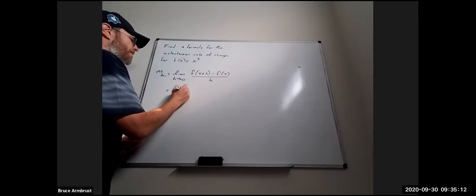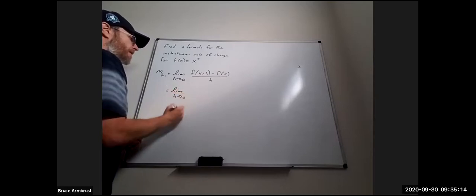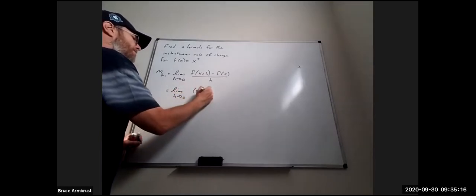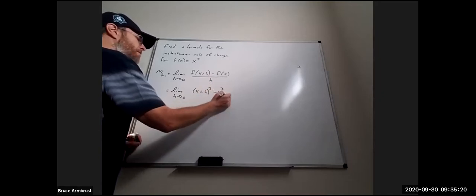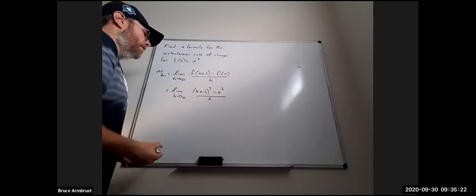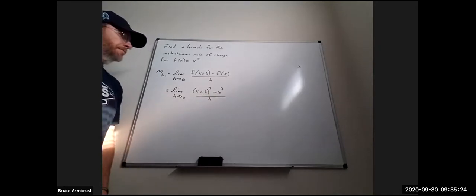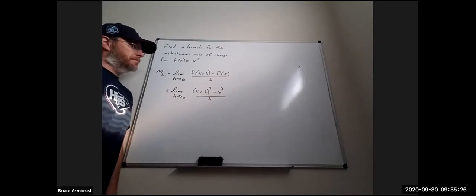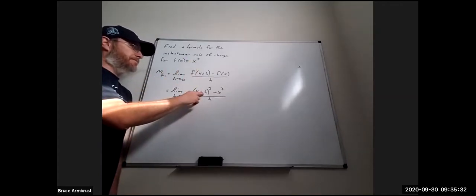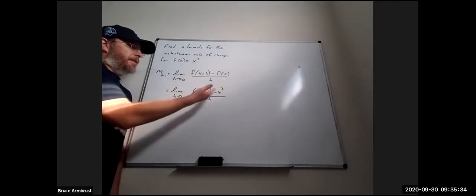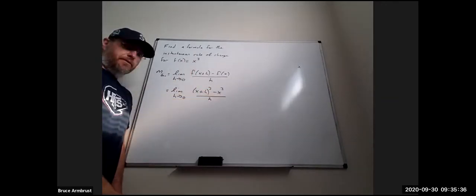So we're going to get the limit as h goes to 0 of (x plus h) cubed minus x cubed, over h. So I'm just plugging x plus h into my function, so (x plus h) cubed, and then subtracting the original function.